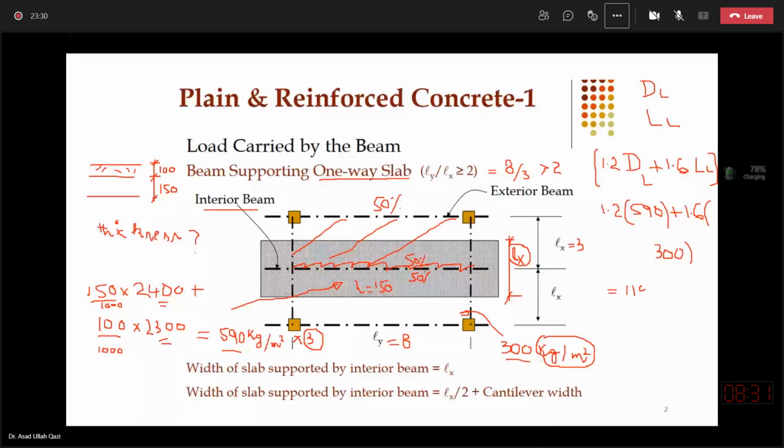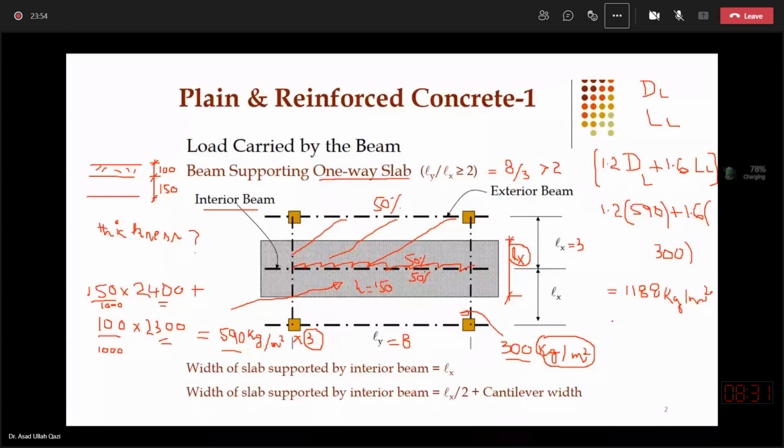Now this 1188 is the ultimate pressure, which includes dead and live. We normally use kilonewton rather than kg in our calculations.